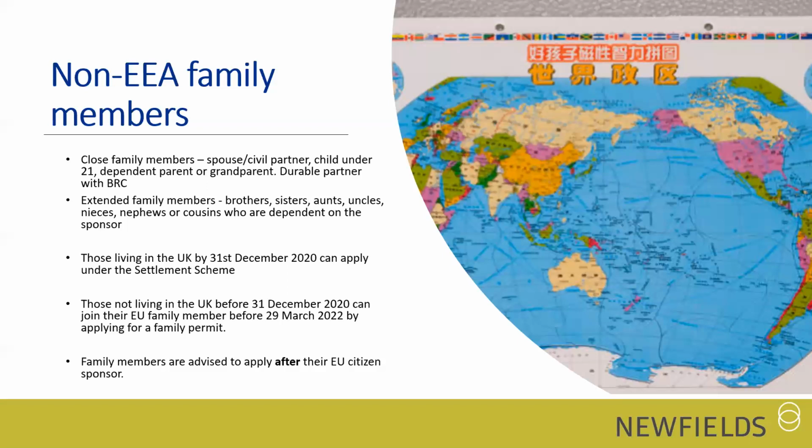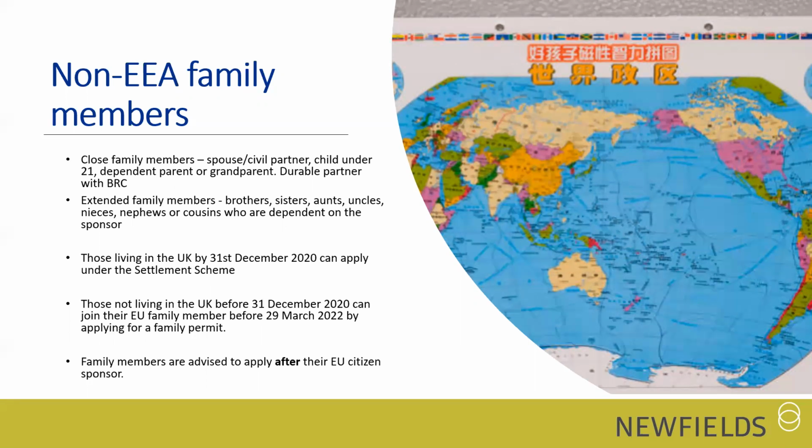It applies to those living in the UK by the 31st of December who can apply under the EU settlement scheme, but non-EEA family members can still join their EU family member in the UK, providing the relationship was in existence before the end of the transition period on the 31st of December 2020, and they would be able to apply through the EU family permit route in order to join that EU family member in the UK anytime before the 29th of March 2022.